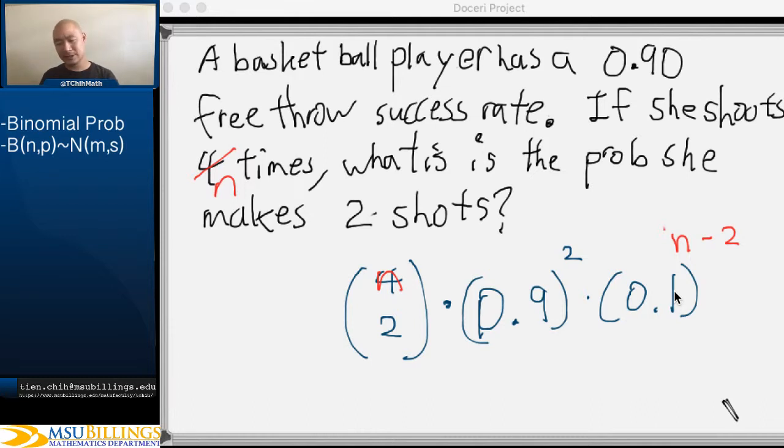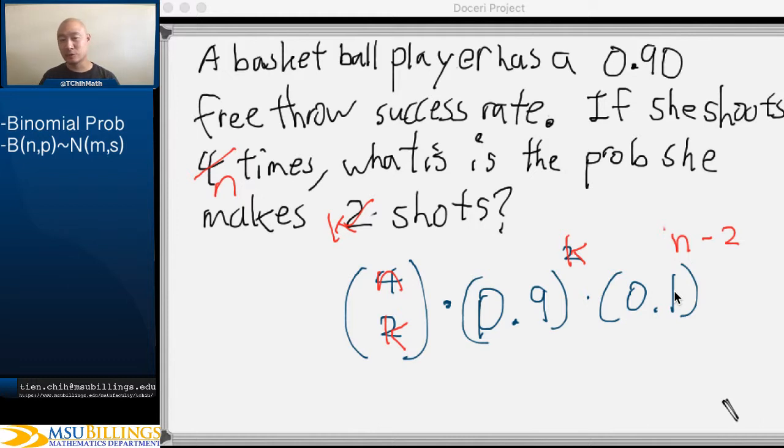Well, what if she makes more than 2 shots, or less than 2 shots, or something not 2 shots? What if we're asking for the probability to make k shots? Well, in that case, I'm not picking 2 anymore, right, out of n. I'm picking k out of n shots to be successful. And then this 90%, instead of just 2 of them being successes, k of them are successes.